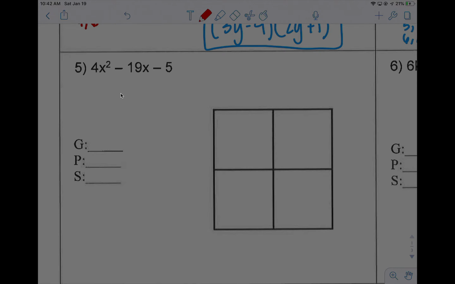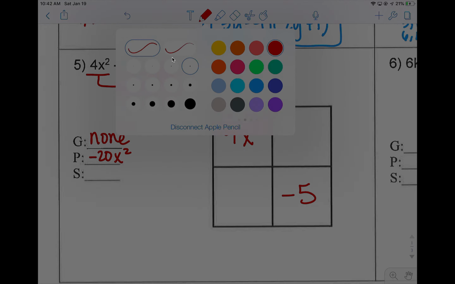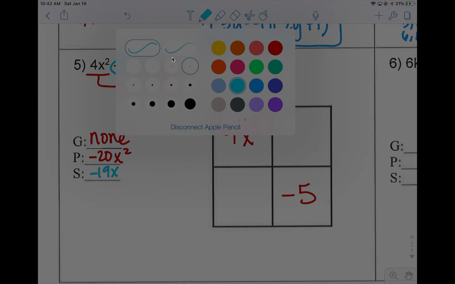Problem 5, I have 4, negative 19 and negative 5. 19 and 5 are both prime and they're not divisible into each other, so I would put none. I write my first and last term in the box and multiply for my product. And my sum is negative 19.